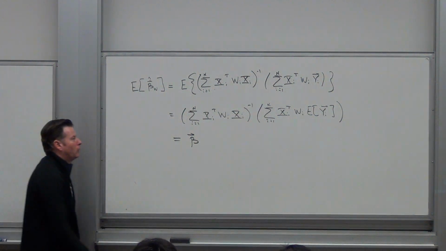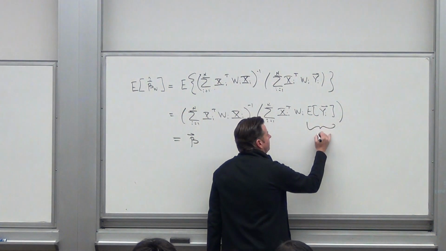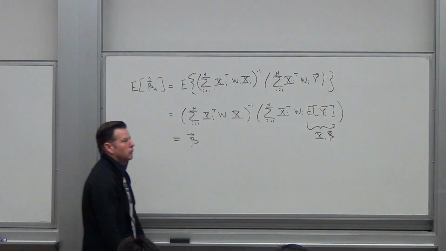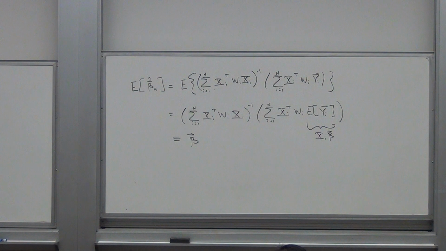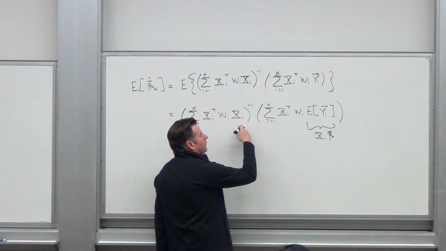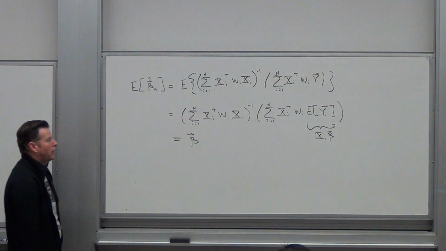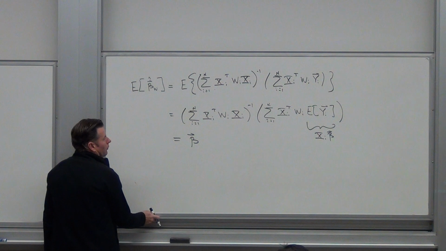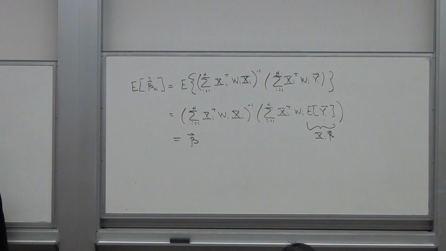Because again, what you're going to get here is an xi beta. That beta is going to pop out to the right in this case, and so you're going to get cancellation of xi transpose wi xi inverse times xi transpose wi xi. Okay, so that's nice. Again, this shouldn't surprise any of us.